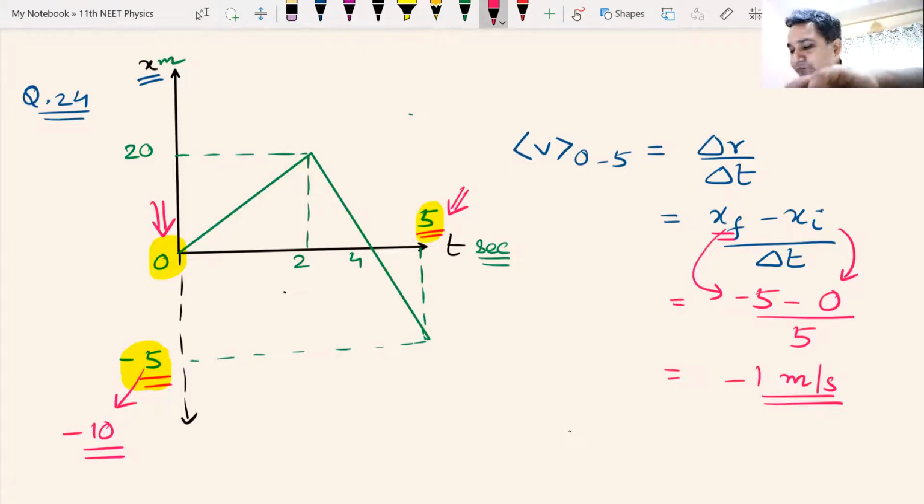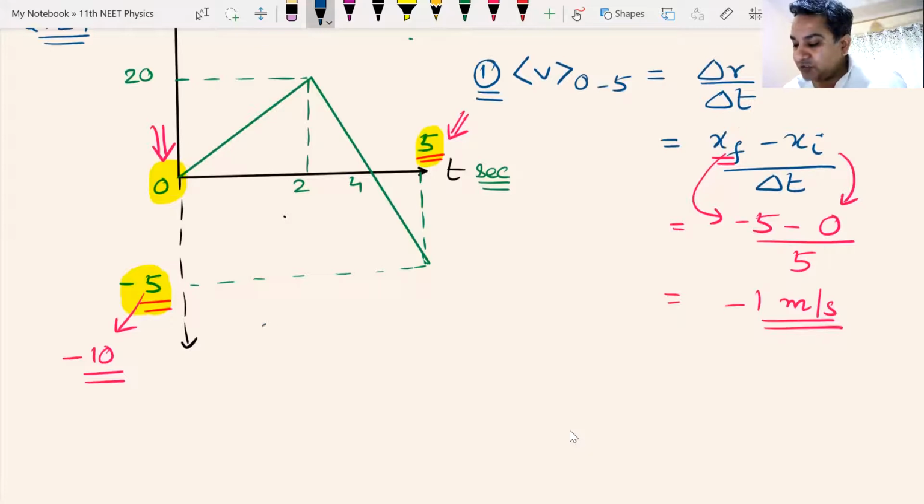Okay, great. Now, in the same question, let me make my own question and see how we can get answers to this one, so that the concept becomes pretty clear in your head. This was question number 1. Now let me make another question, question number 2.